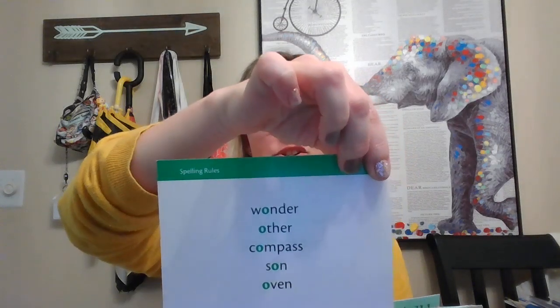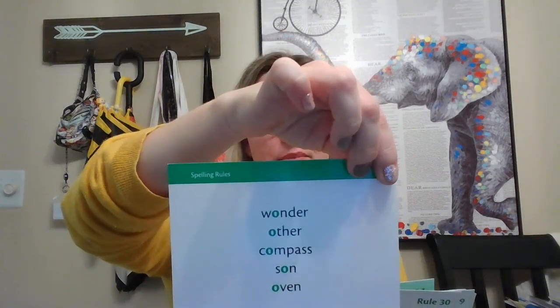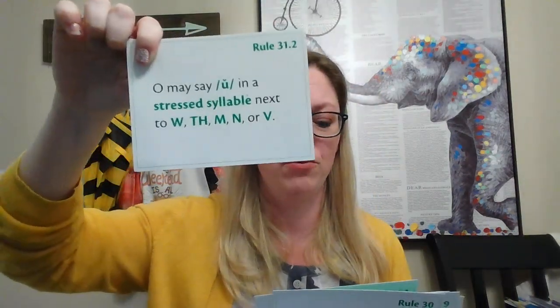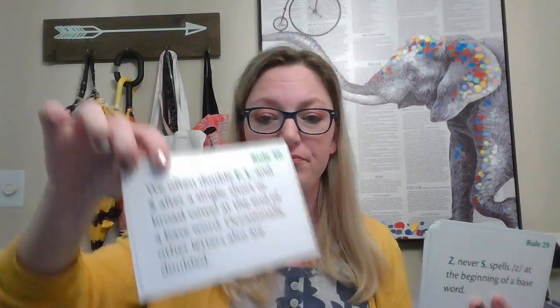Okay, that's really helpful information, but O may say in a stressed syllable next to W, TH, M, N, or V. And there's the list of words, and here's the rule on the back. So for kids that really might need to be in upper levels, here's the floss rule.